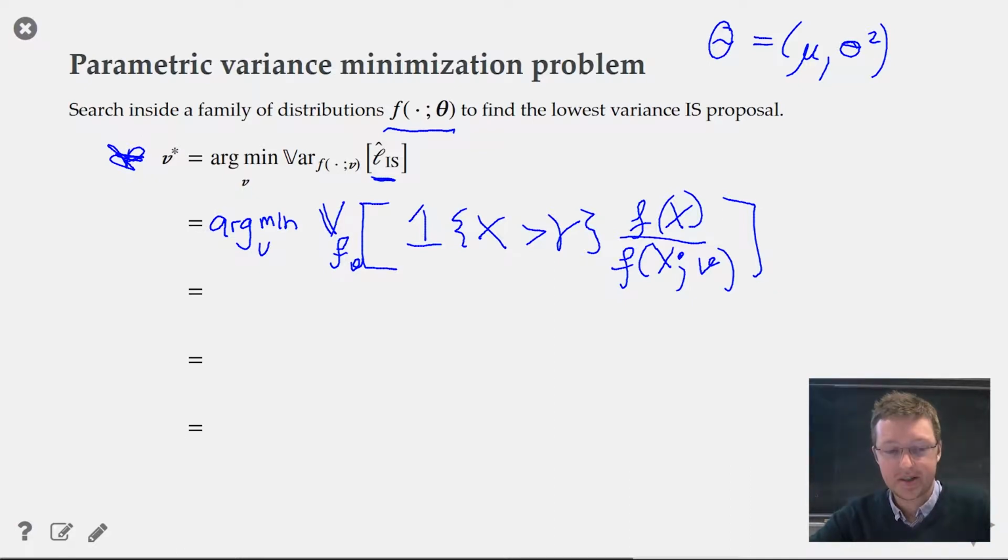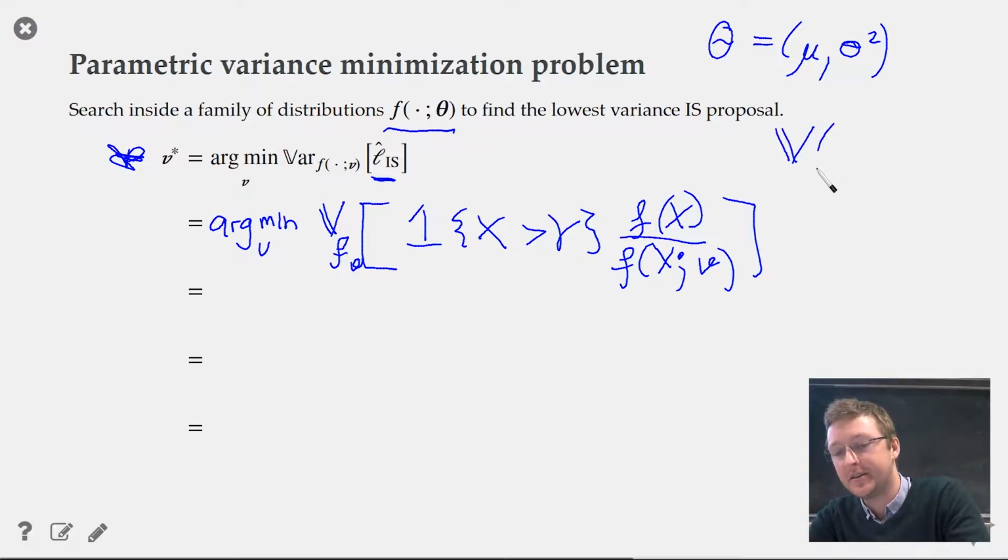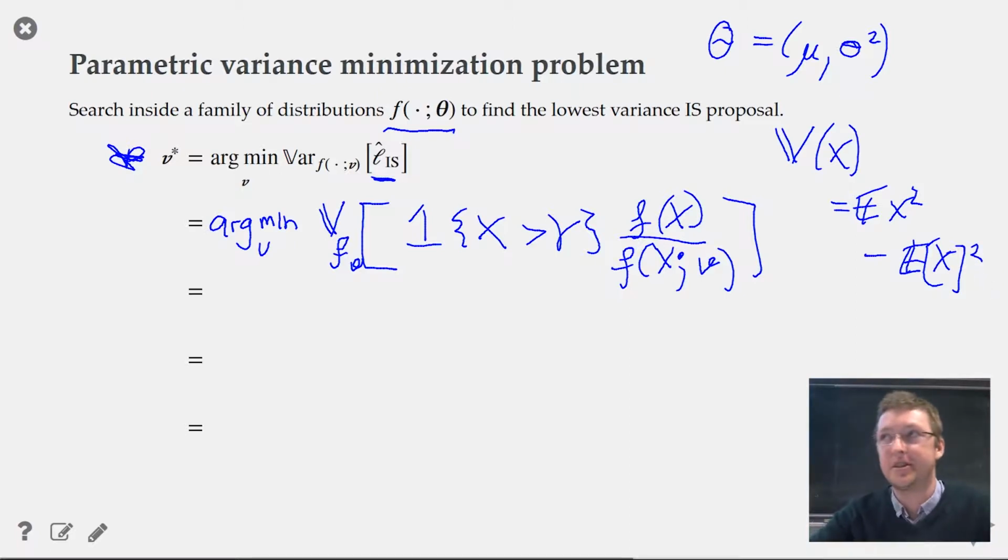So we can simplify this out. The variance of anything is its second moment subtracted away the mean squared. So we'll use that same formula here. The optimal vector is looking over all vectors v that minimize the expected value of this thing squared.